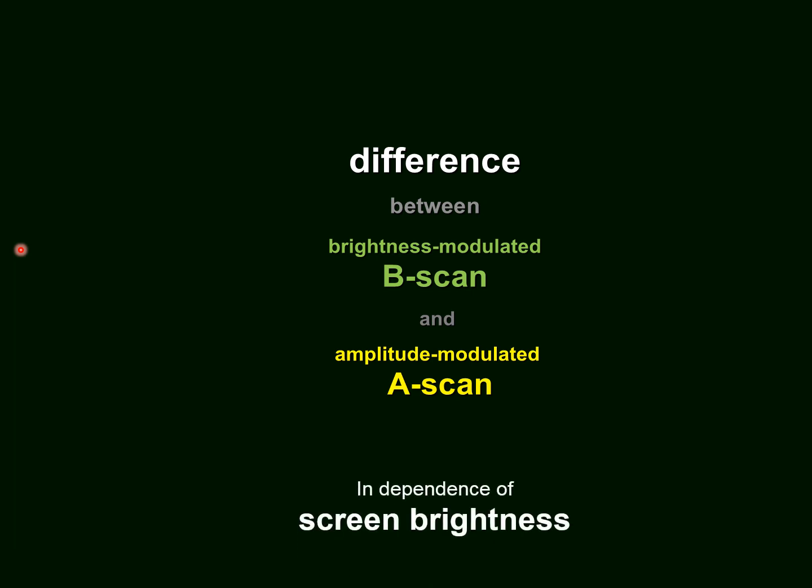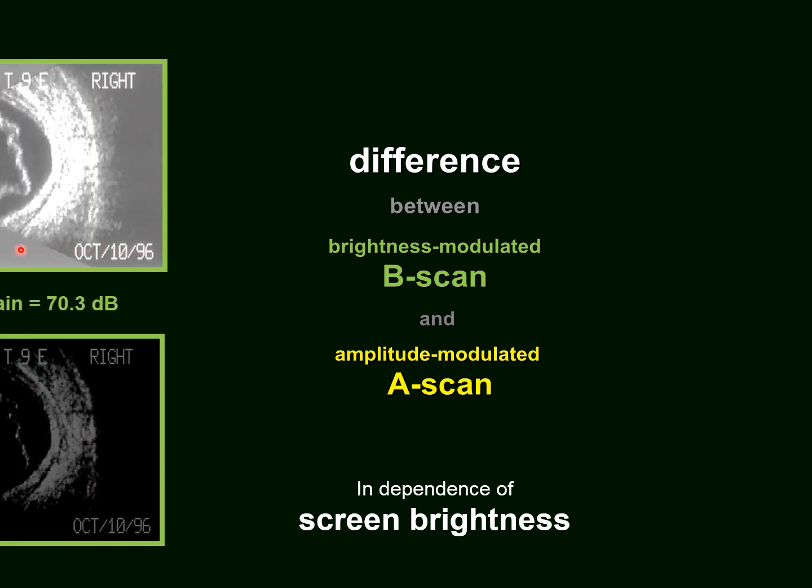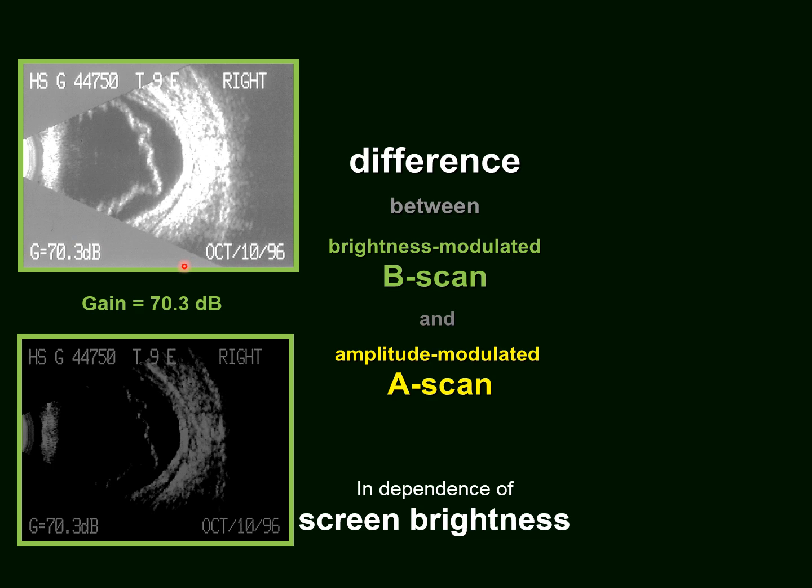Let's look at another difference between brightness modulated B-scan and amplitude modulated A-scan: independence of the screen brightness used. When we have a bright picture in B-scan, we see here a complete display of a retinal detachment.